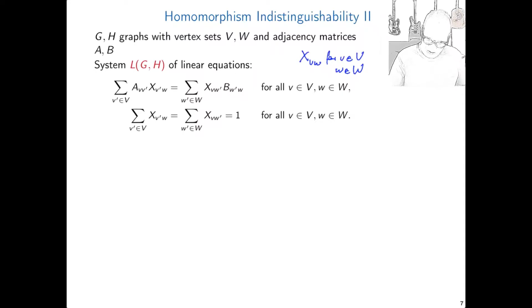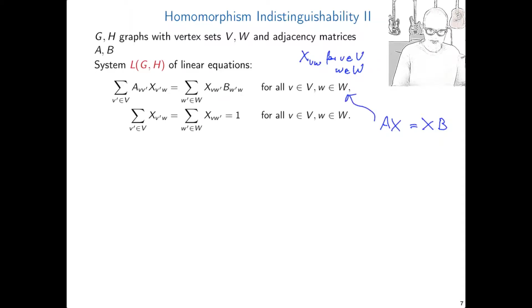Then the first equation basically reads as A times X, the adjacency matrix A times this variable matrix X, equals X times B. So that's this equation.